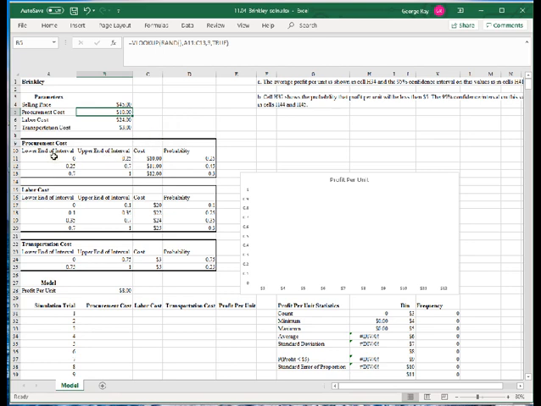The way we set up our table for that probability distribution is we use a random number generator to generate a number between 0 and 1, and we reflect the percentage of times that it might occur between 0 and 1 and associate that with the probability that was estimated for a particular cost.